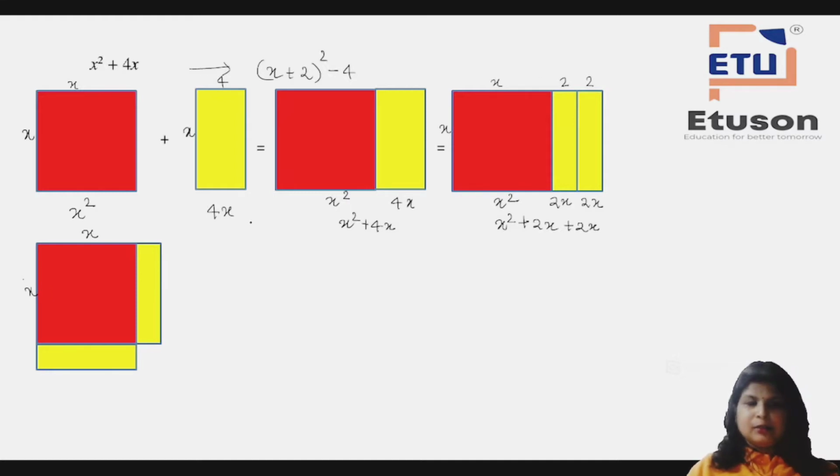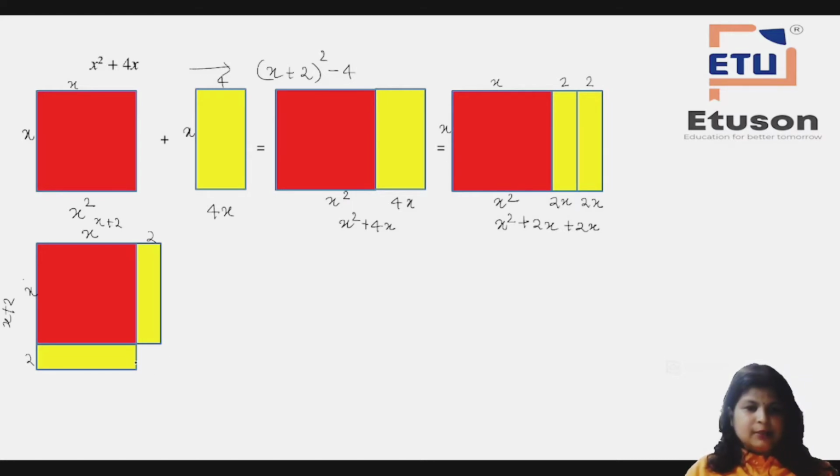This, how much? 2. What about this? It is 2. So correct or not? This complete side will be equal to what? x plus 2. Correct or not? And this side will be equal to how much? This side will be x plus 2 and this side will be x plus 2.